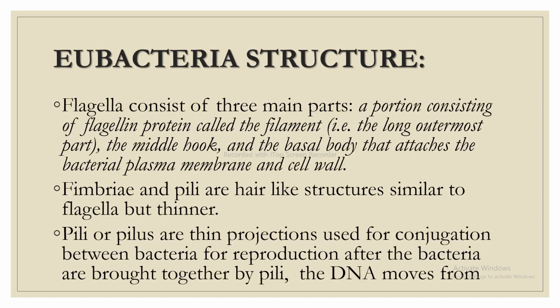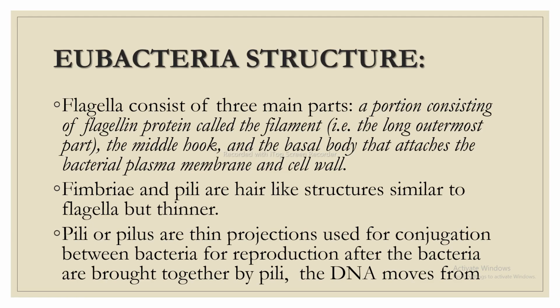Flagella consist of three main parts: a portion consisting of flagellin protein called the filament, which is the long outermost part, the middle hook, and the basal body that attaches to the bacterial plasma membrane and cell wall.